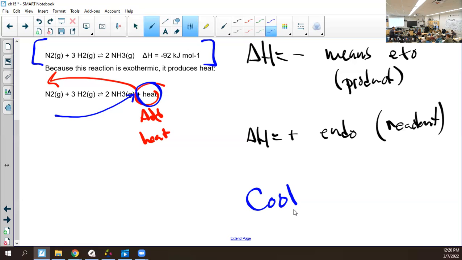Explain why. Because they don't want to wait 10 years for it to happen. In 10 years, all of it's going to be NH3, and that's great, but that's 10 years from now. If they do it at a really high temperature, they get some product, but they get it immediately. So they sacrifice percent yield for speed.